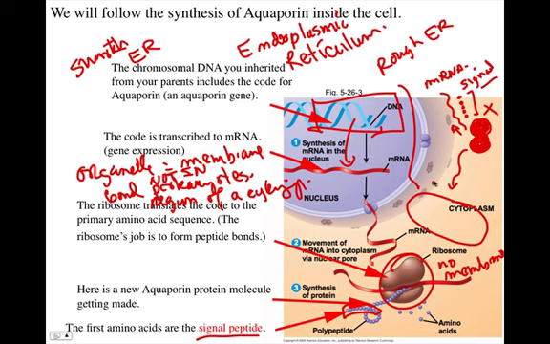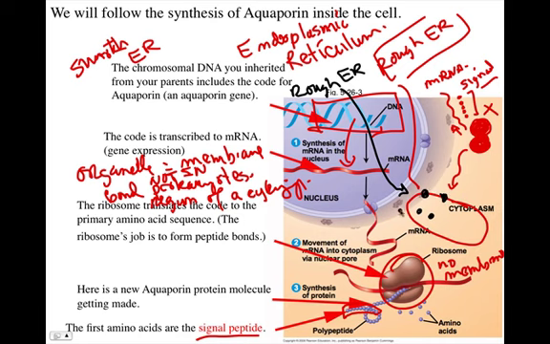Then the next is the rough ER, and the rough ER is the site of protein synthesis for proteins that are going to be bound to the membrane or secreted from the cell. So here's the rough ER, and the rough ER is called rough because there are ribosomes on its surface.